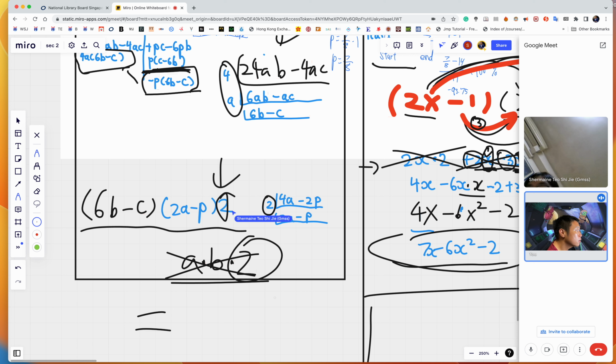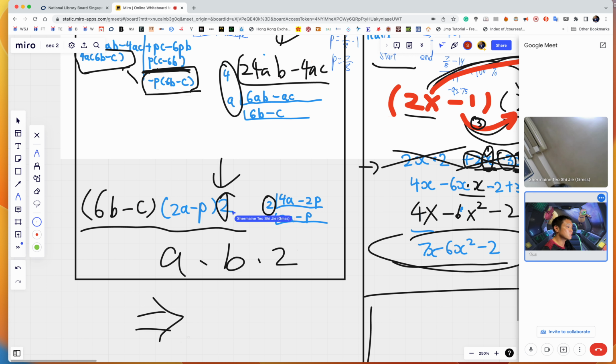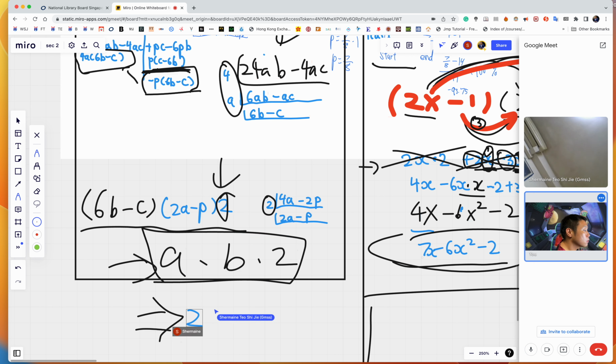Can you see? I asked you where you are supposed to put the 2. Oi, come on. A, B, 2. Where you are supposed to put the 2? What's the answer? Give me for this one first. A, B, 2. 2AB, right?